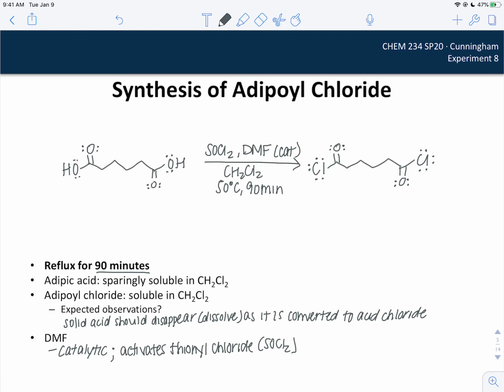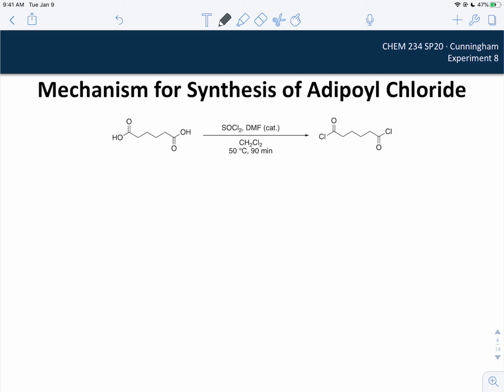So let's take a look at what that mechanism looks like. So we've got our reaction scheme up top here. And we're going to start actually with our thionyl chloride.